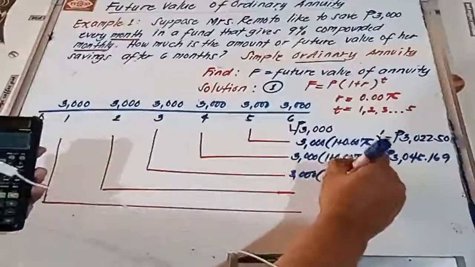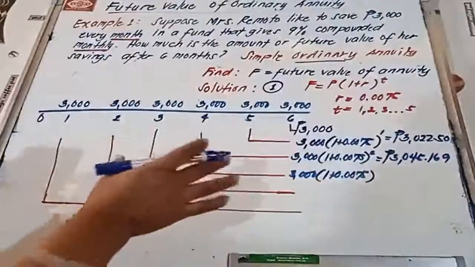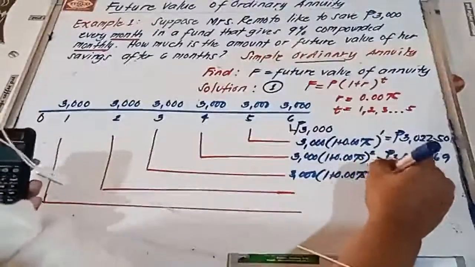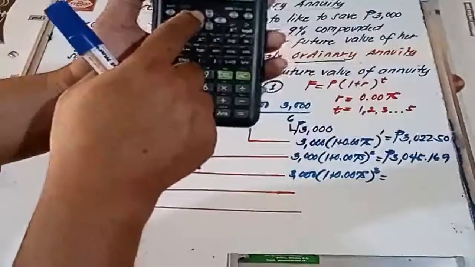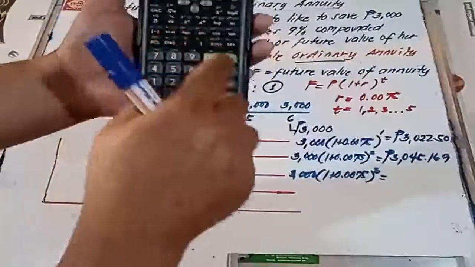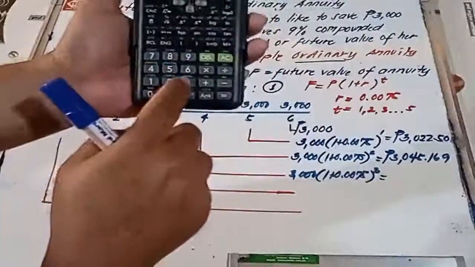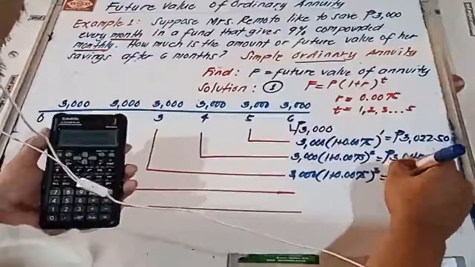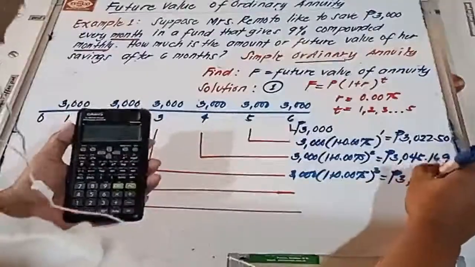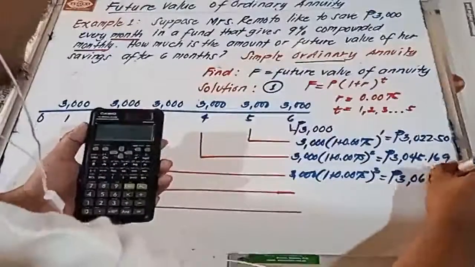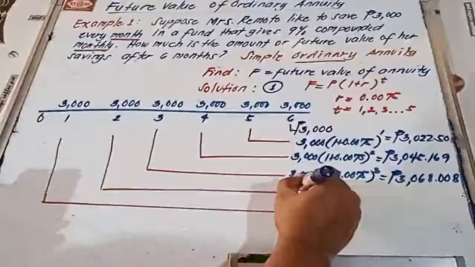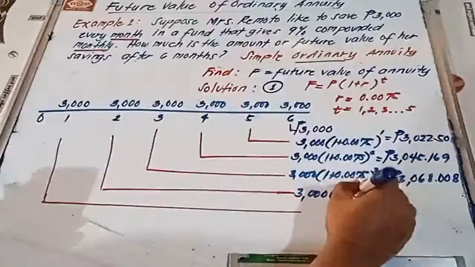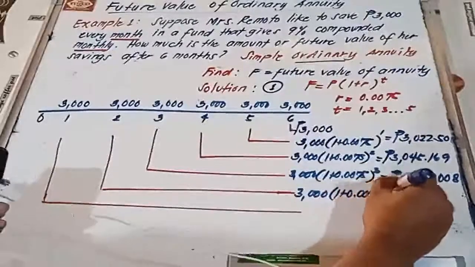Next, 3,000 times 1 plus 0.0075. This is 1, 2, 3, the third month, so 3 is our T. Again, press left arrow, and another left arrow, press delete to replace the 2 with 3. Then equals 3,068.008. And then we have 3,000 times 1.0075, or 1 plus 0.0075, raised to 4.